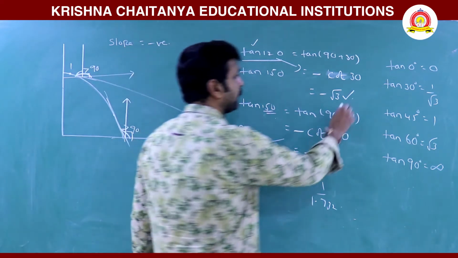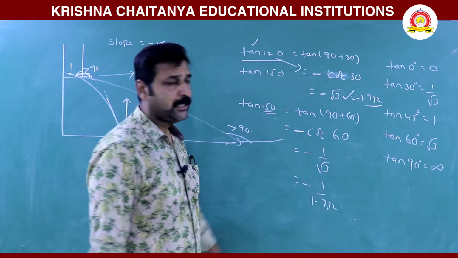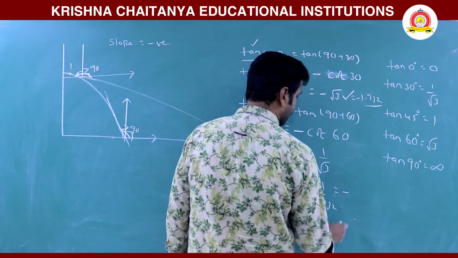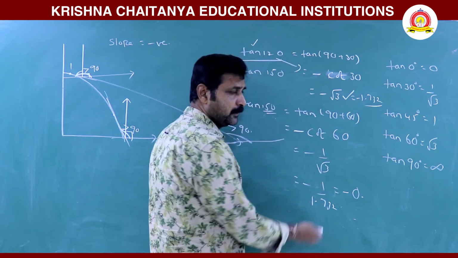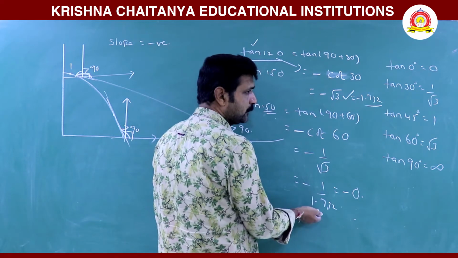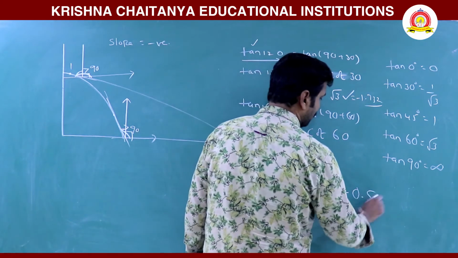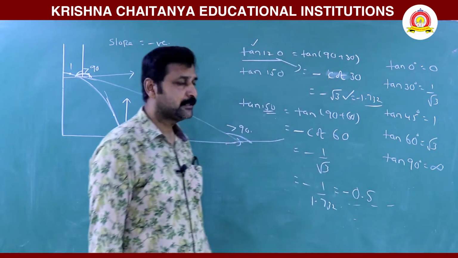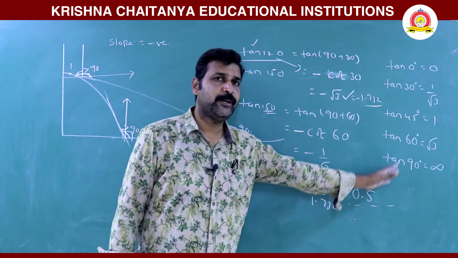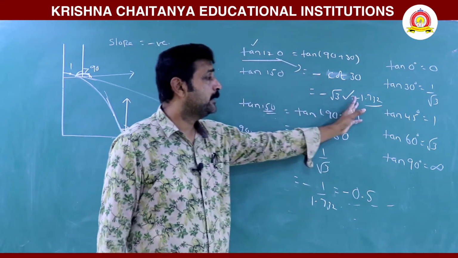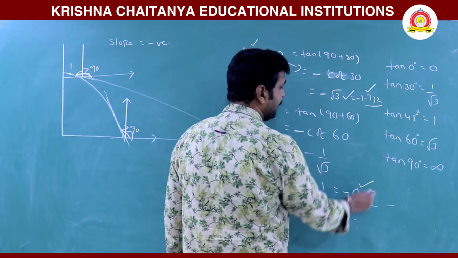So this is around minus 0.57, so it is around 0.5 and so on. That means here tan 150 is around minus 0.5 and tan 120 is minus 1.732.